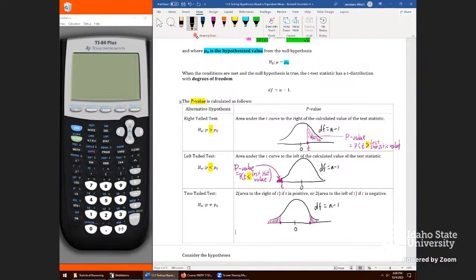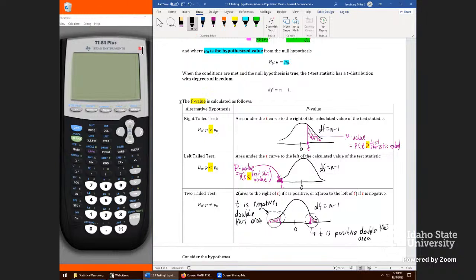So if t is positive, then we'll have to double this area. And if t is negative, we'll double that area. So t negative, double this area instead. So that's the setup for the p-values that we're going to be getting.